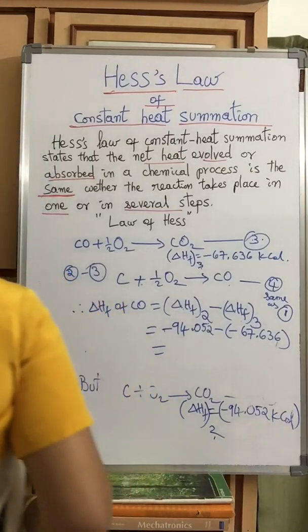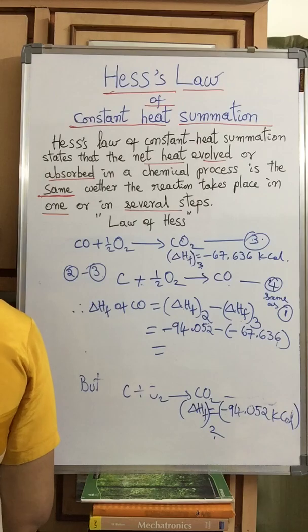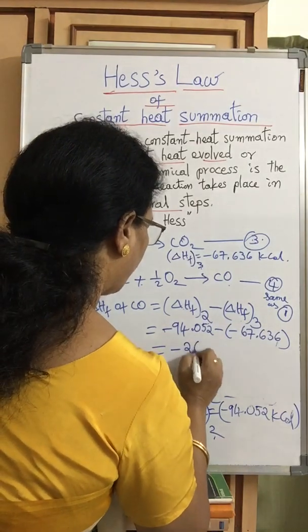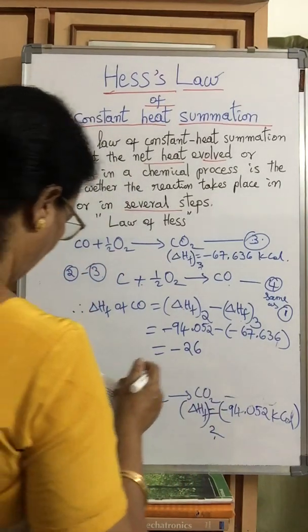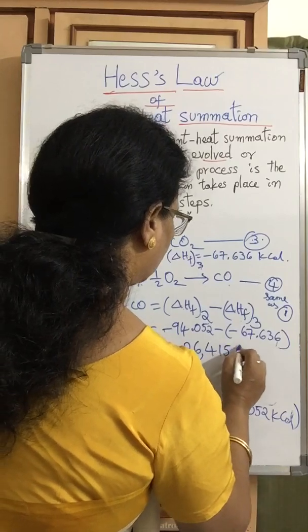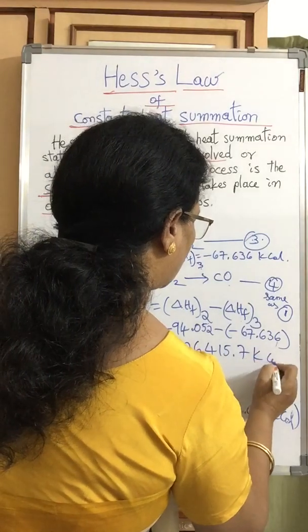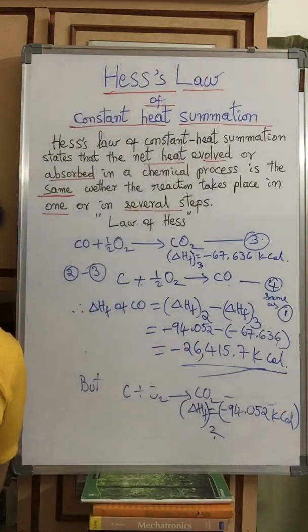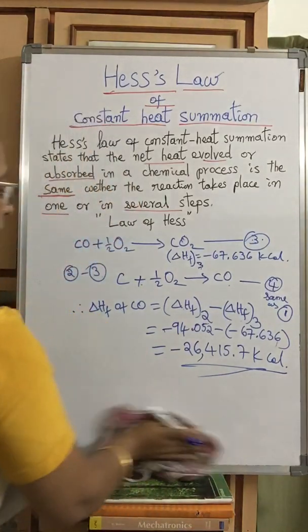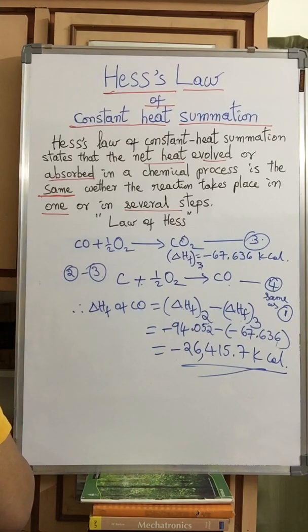That value is minus 26.415 kilocalories. So this is the heat of formation of CO.